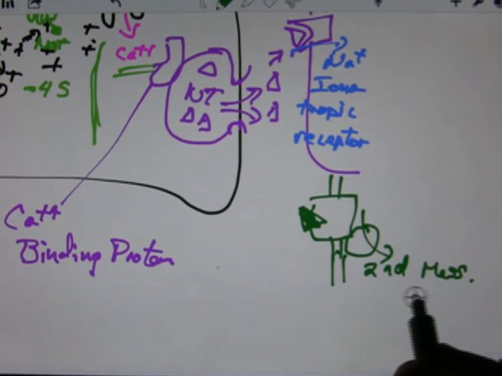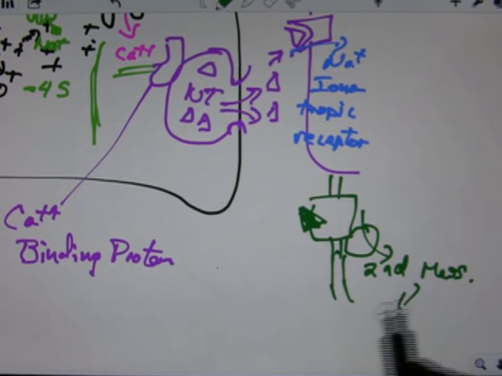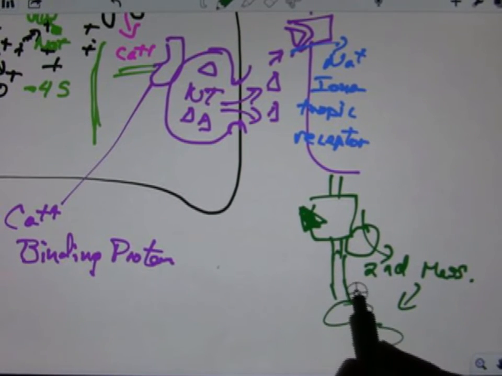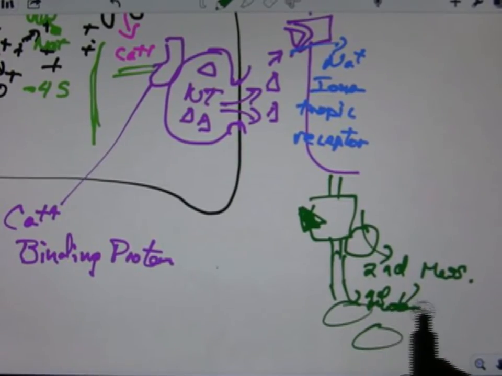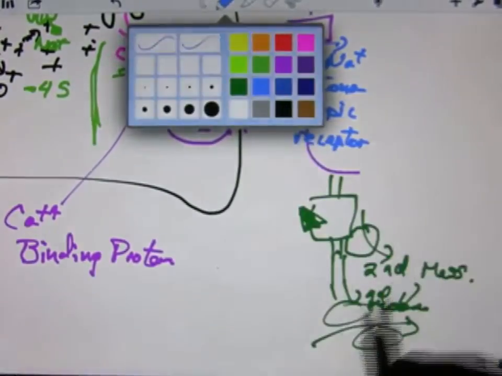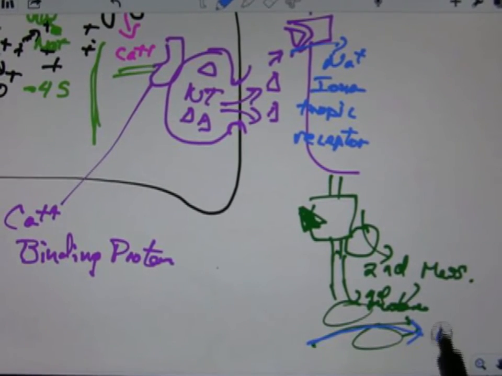And that second messenger would in turn bind to and open channels in some way. And if that's a sodium channel, you get sodium in.